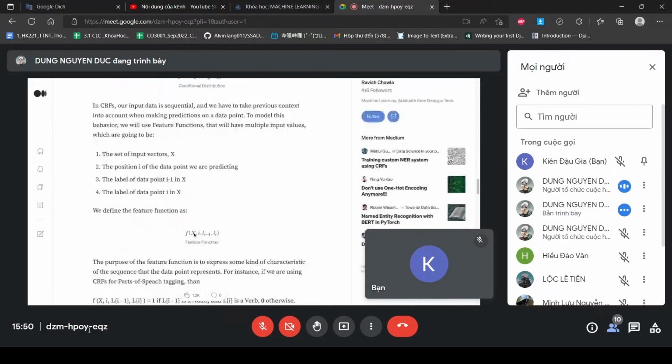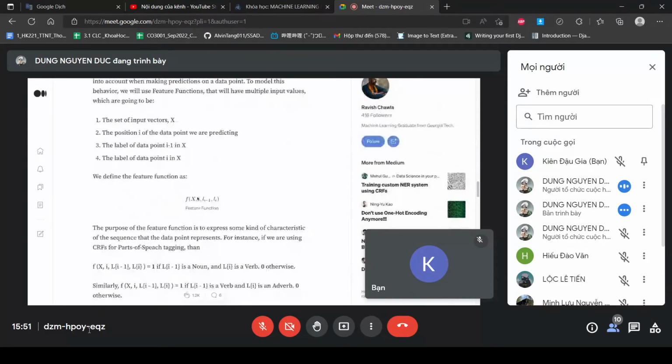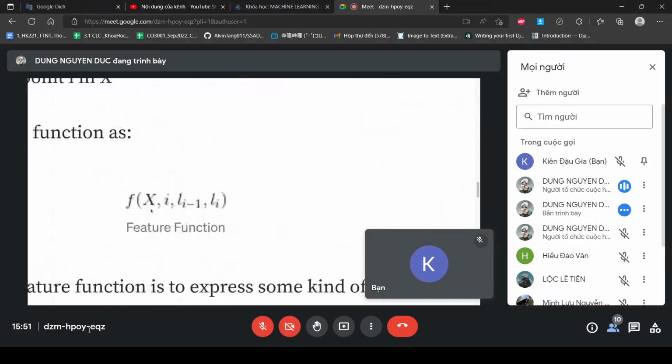So basically, the feature function is something like this one. As you can see, it's a function of the data x, a sequence of vectors, and i is the index which you are interested in right now. L(i-1) is the label of the previous data point, and L(i) is the label of the current data point.